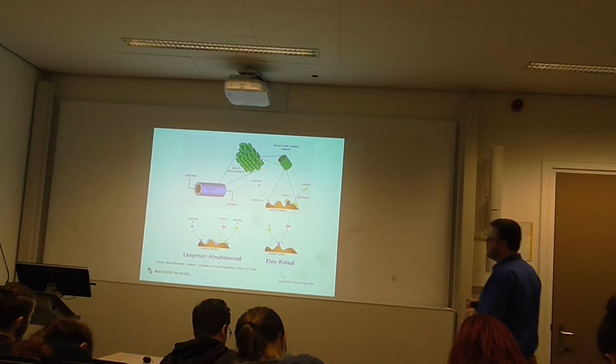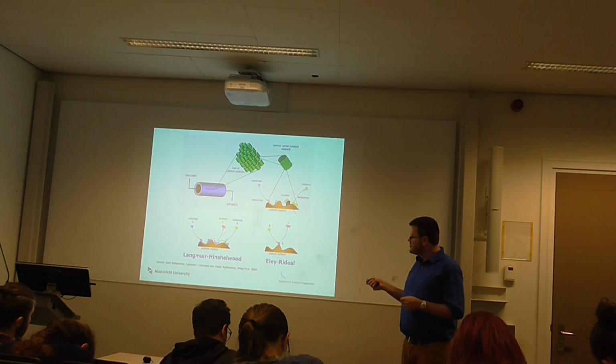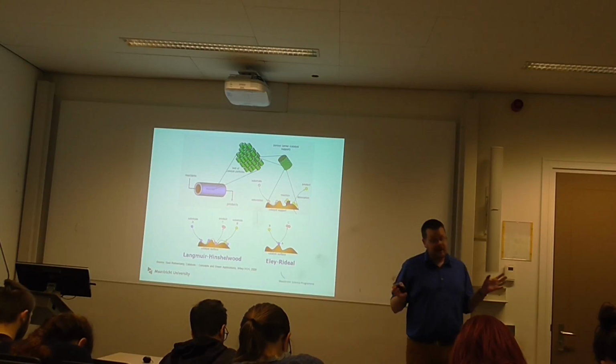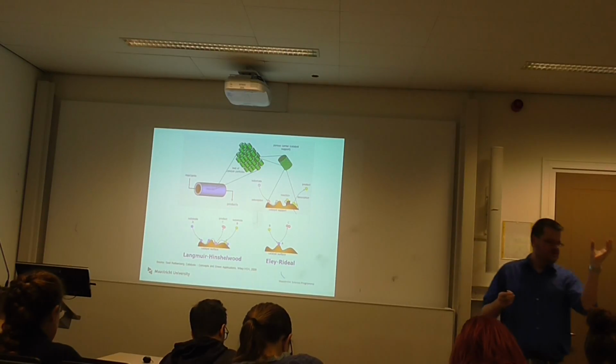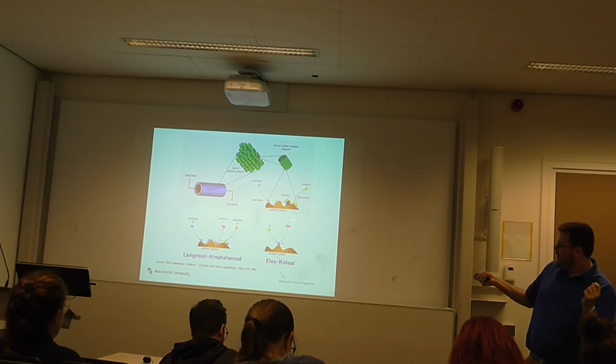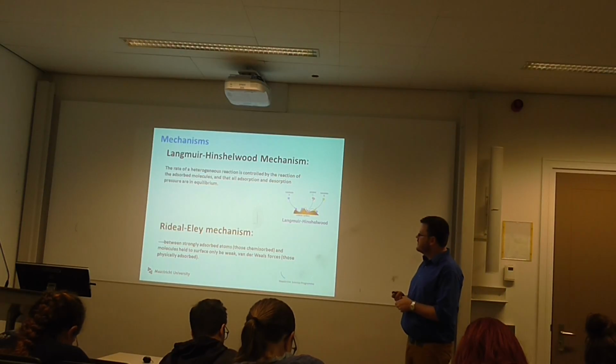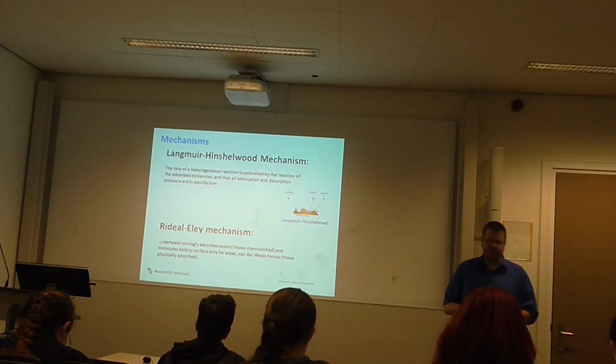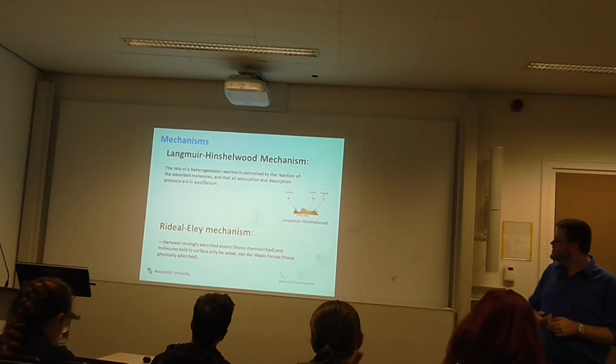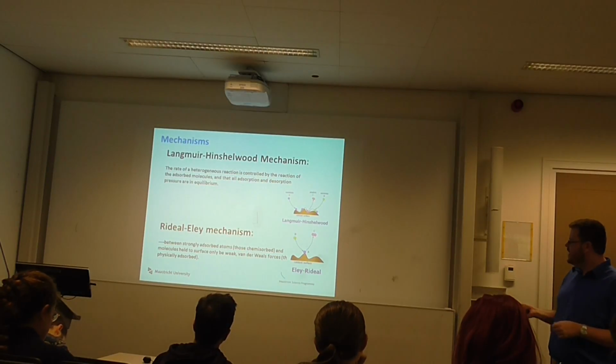In the second mechanism, one interacts strongly, the other only weakly, or not even at all, and it just interacts with that activated molecule, and you form the product. And here's basically what I've just said, written out in formal definitions, these two key mechanisms.